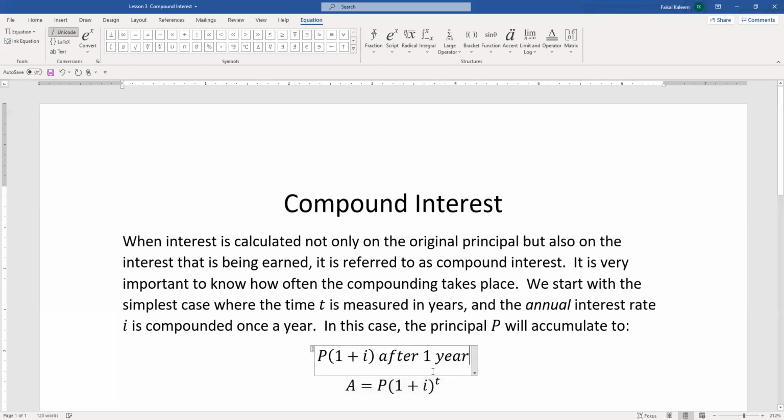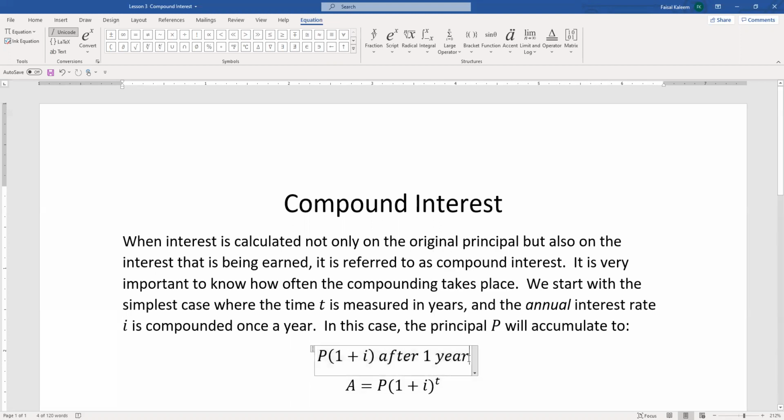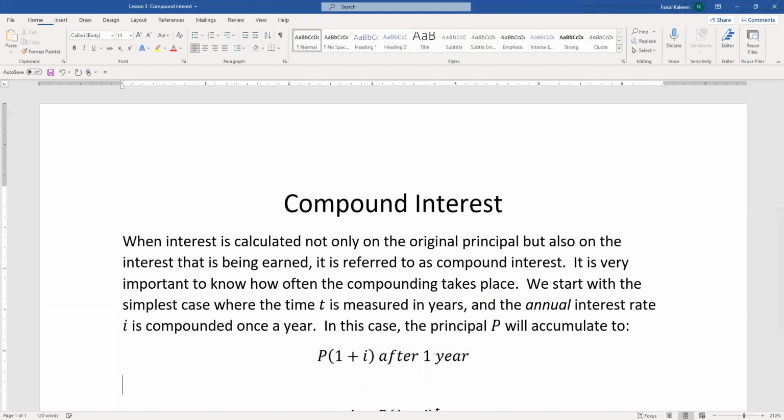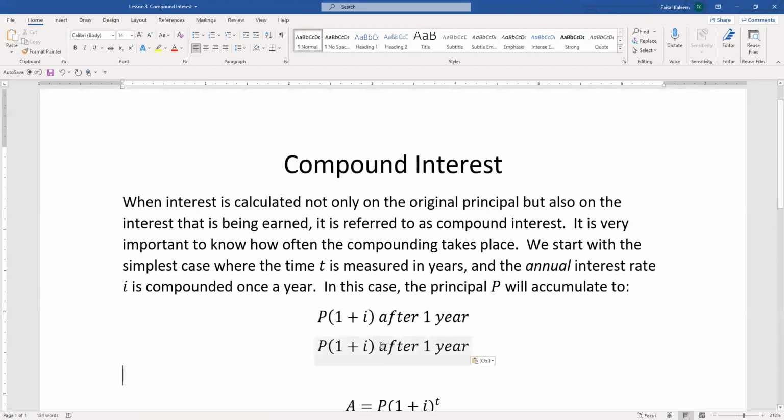And then after 2 years, remember that in compound interest, the interest is calculated not just on the original principal, but also on the amount of interest that you earn along the way.